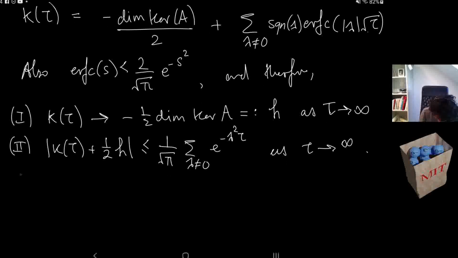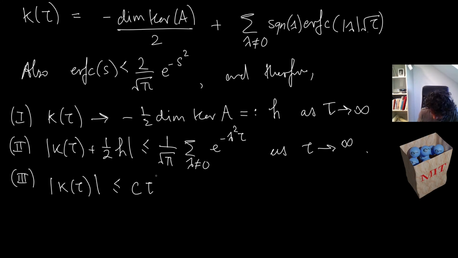Okay, that's not really saying much more than what we said before. And k tau is bounded by some constant tau to a negative a half n as tau goes to 0.